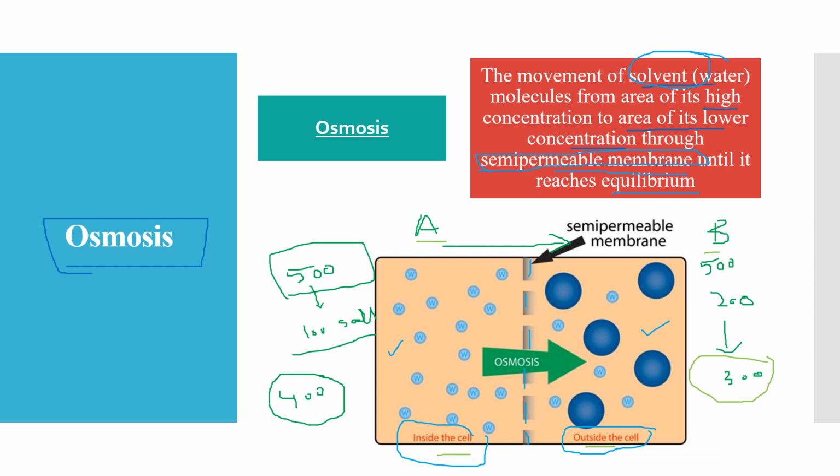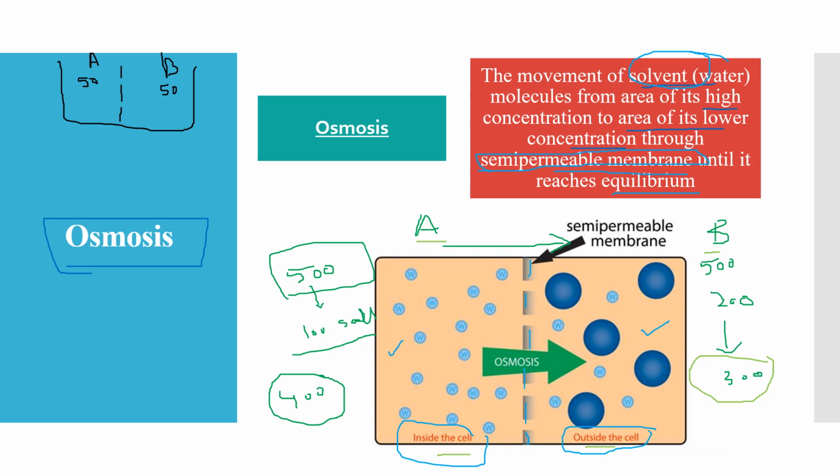Like this is the diagram, and here the semi-permeable membrane is present, and this is compartment A and this is compartment B. So in case of equilibrium, here 50 water molecules are free and here 50 water molecules are free. So if in both compartments equal water molecules are present, the state is called equilibrium, and in equilibrium there is no net exchange of water molecules.